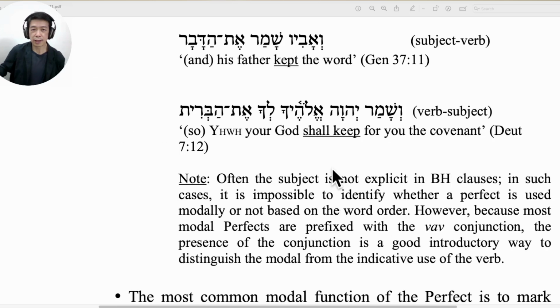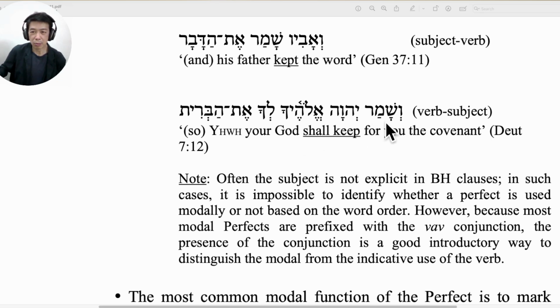For instance, and his father kept the word. It will be in Hebrew, Ve'aviv shama et hadavar. And in the next example, so Adonai your God shall keep for you the covenant.